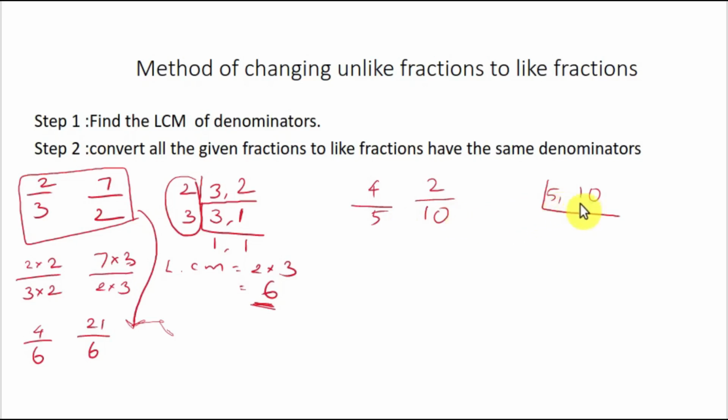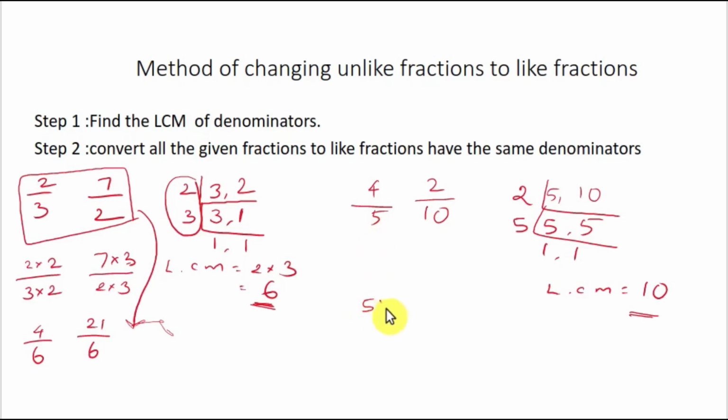So 5, 10 I have taken. 2 is possible. 5 we have to keep as such. 5 2s are 10. 2, 3 not possible. So we are going for 5, 1 times, 1 time. LCM is 10.